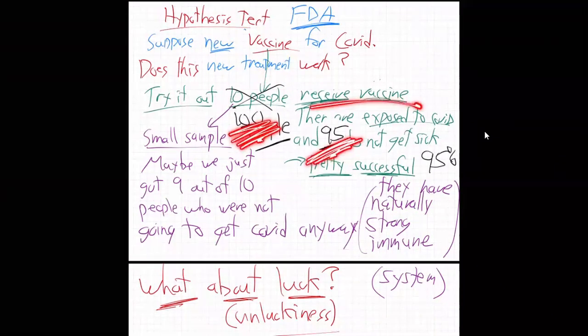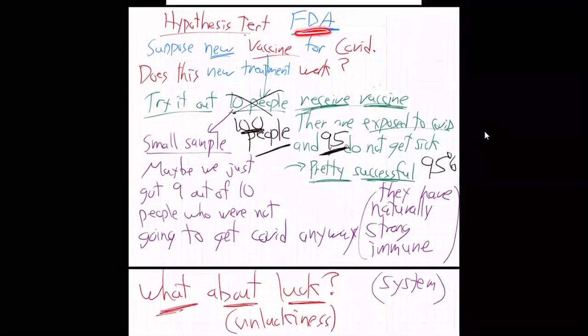It wasn't the vaccine at all. You just were super lucky, or unlucky, as the case may be. You just happened to get 95 out of 100 people that had really strong immune systems. That's why they didn't get COVID. The vaccine wasn't doing anything. The FDA thought it was, and then they give it to the nation, and there's a disaster.